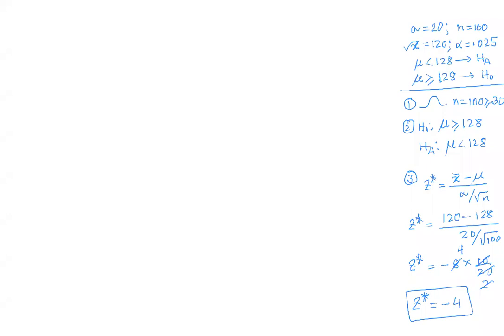Now you're going to go ahead and do step 4, where you find the critical region. So your bell-shaped curve. For the 0.025, it's negative 1.96, right? So now you have to ask yourself the question, which tail are you dealing with? Look at the alternative hypothesis. It says mu is less than 128. So we are looking at the left tail.